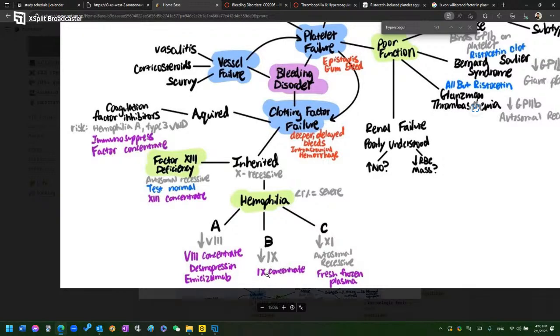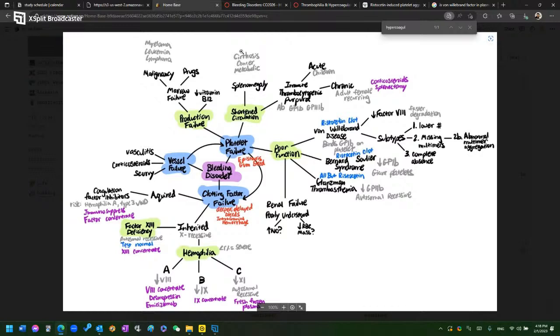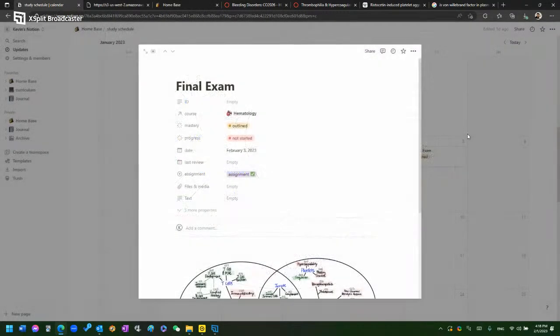Factor IX is intrinsic pathway. And then C is factor XI, also intrinsic, higher on the ladder. All intrinsic. I'm pretty confident. We can confirm that.